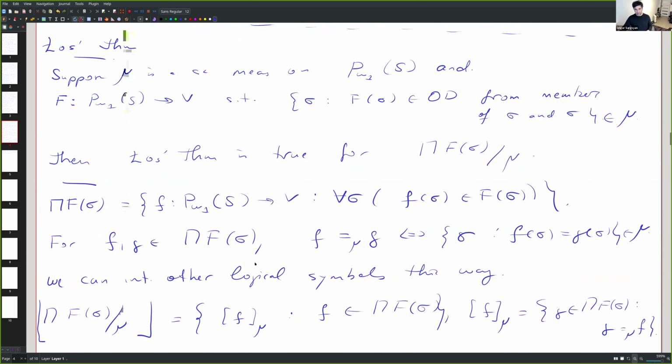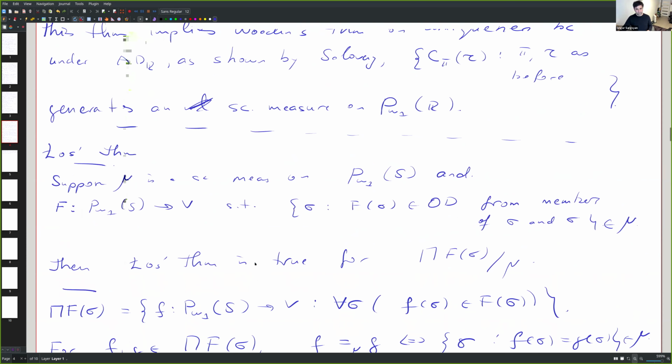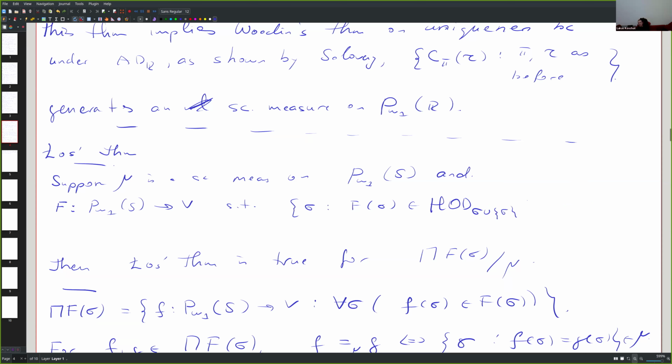Where did I say it's ordinal definable? Why don't I clarify this a little more? And you can also say it's true for every sigma, it doesn't change.